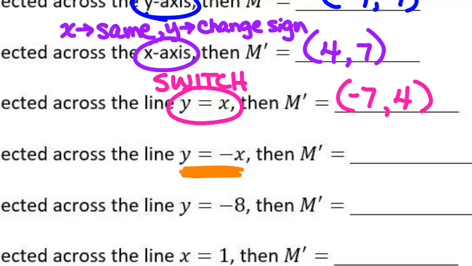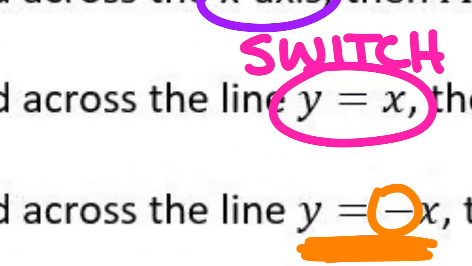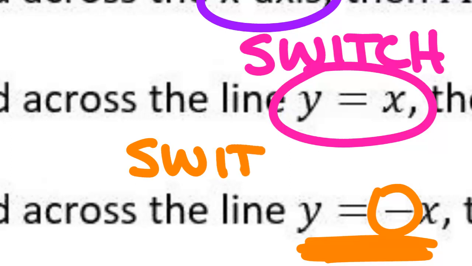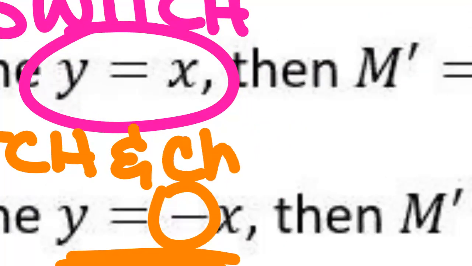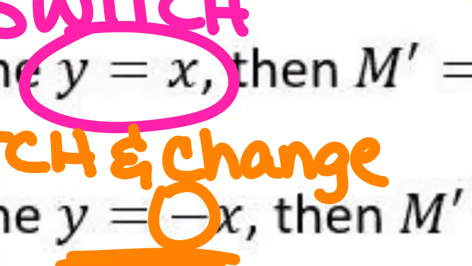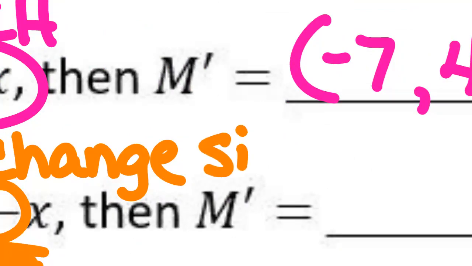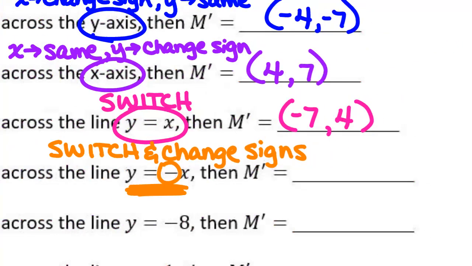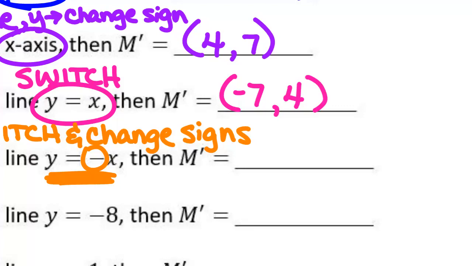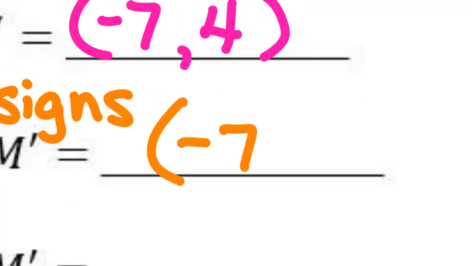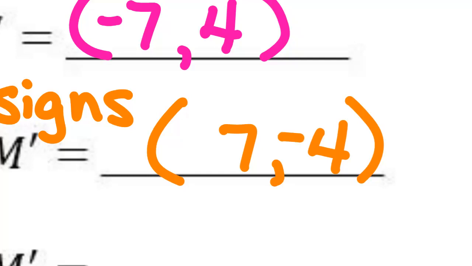When we reflect over the line y equals -x, we're going to switch it around, and we're going to change the signs. So we're going to go all the way back here to my point M. First thing I'm going to do is flip it. So -7, 4. But then we're going to change those signs. So 7 would become a positive, and 4 would become a negative.